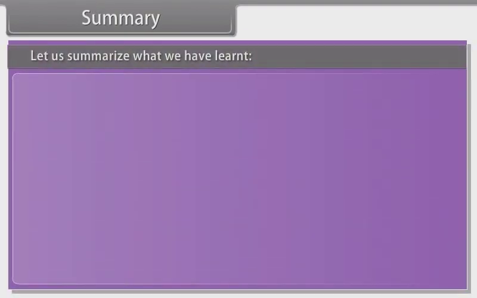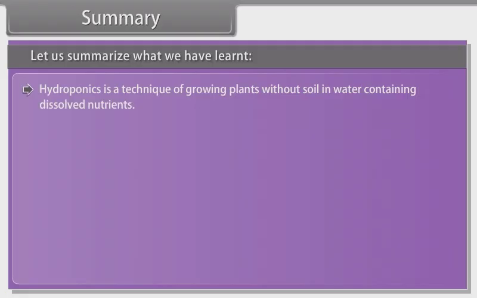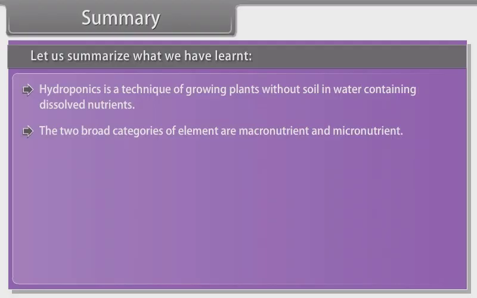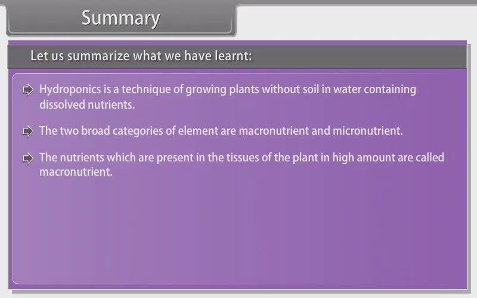Summary. Let us summarize what we have learned. Hydroponics is a technique of growing plants without soil in water containing dissolved nutrients. The two broad categories of elements are macronutrient and micronutrient. The nutrients which are present in the tissues of the plant in high amount are called macronutrients.